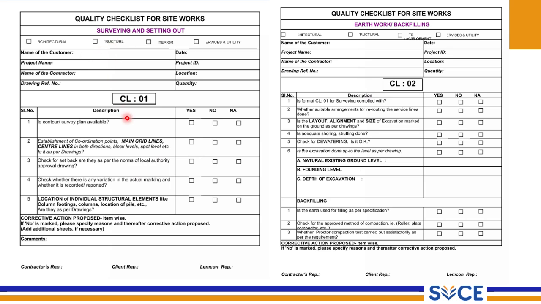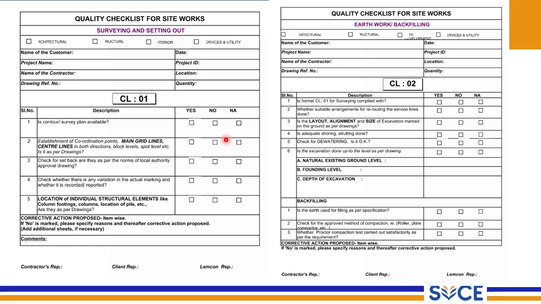And for surveying and setting out, you can see what kind of checklist they are preparing. Here is: contour or survey plan available? There are options like yes, no, and NA, not available. The quality control inspector will come and check each and every item, and he will tick whether it is yes or no. Even if there are any remarks, he will mention them in the checklist itself.